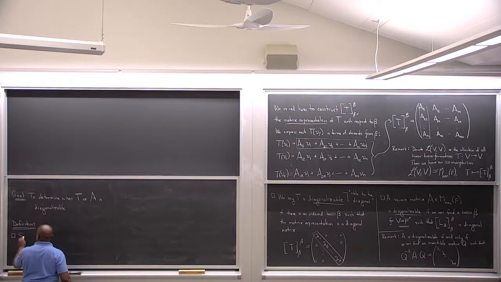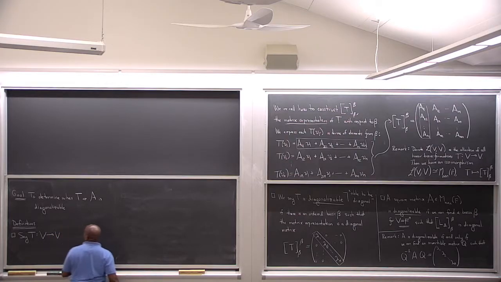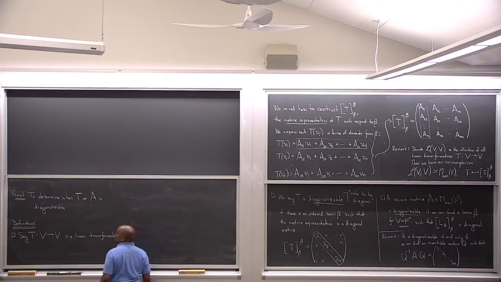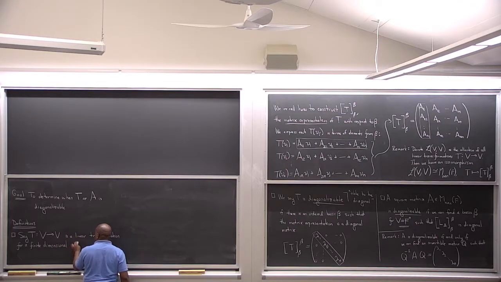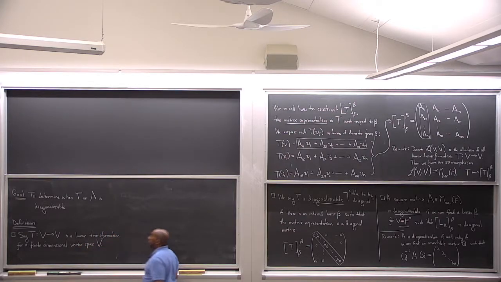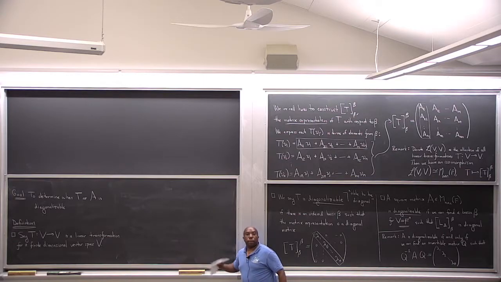Let's say that T is a linear transformation for a finite dimensional vector space V. Everything in this class is finite dimensional, so you don't really have to worry about this phrase very much.